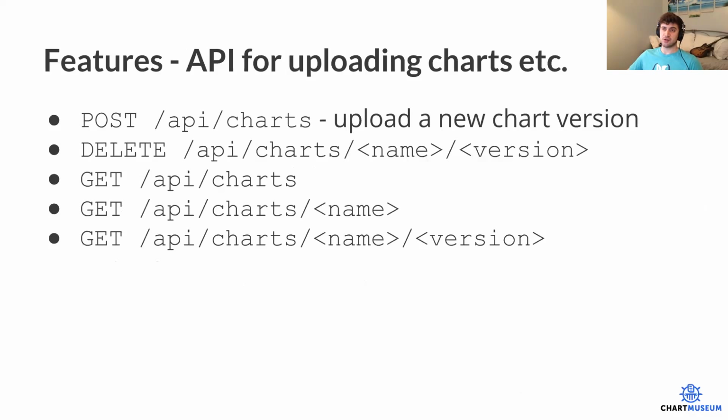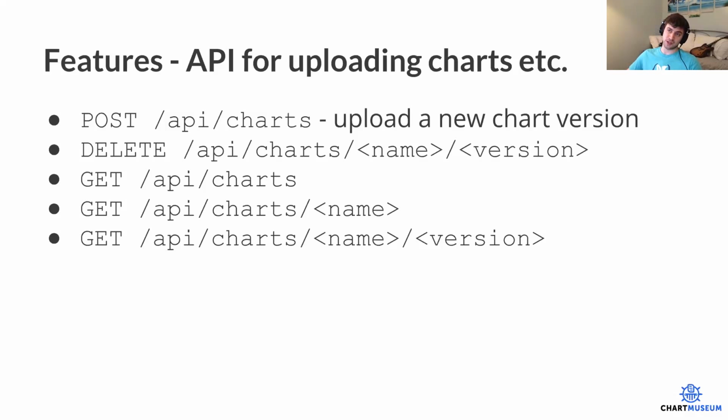So in addition to working like a repository, there's also extra routes here that you can use to upload your package. So instead of doing that aws cp command, you can actually just do a REST call to the ChartMuseum API, and that will take the chart, verify it's a real Helm chart, and then put it into your bucket where you're storing it.